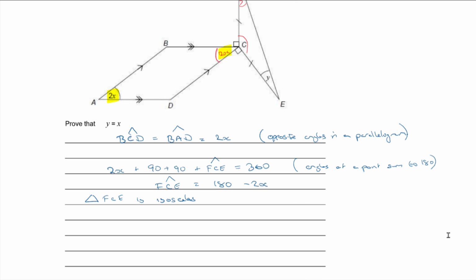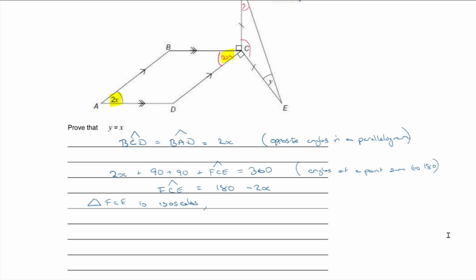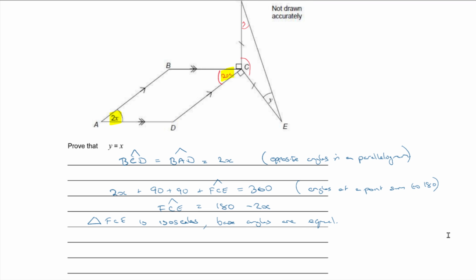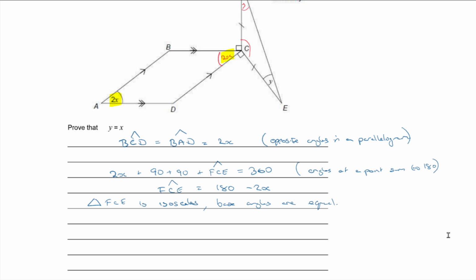If it's isosceles, base angles are equal, so that angle there is y. So what we've got then is angle FCE plus y plus y is equal to 180 degrees because of angles in a triangle.